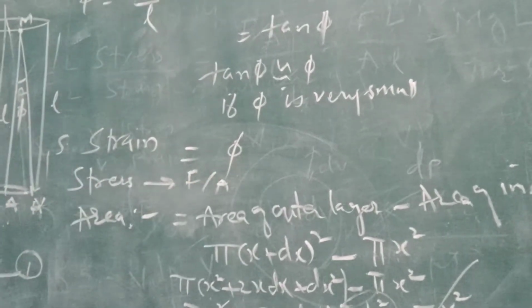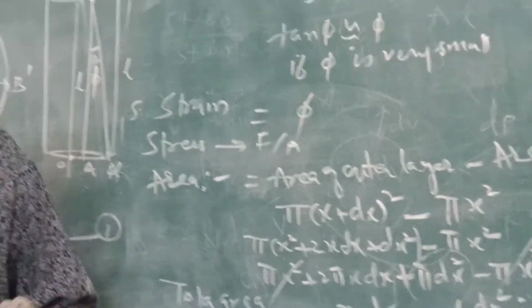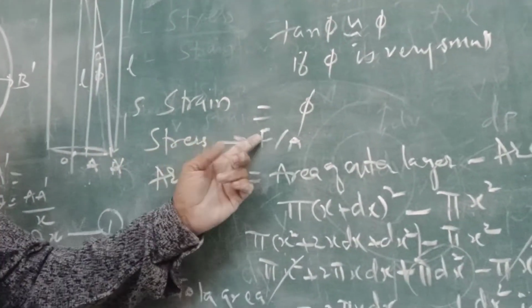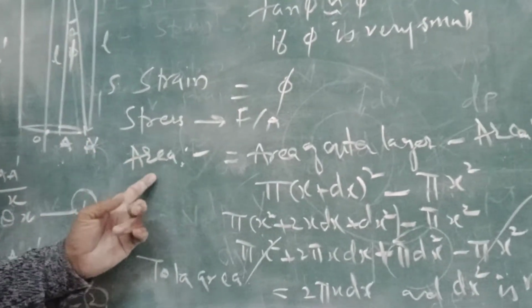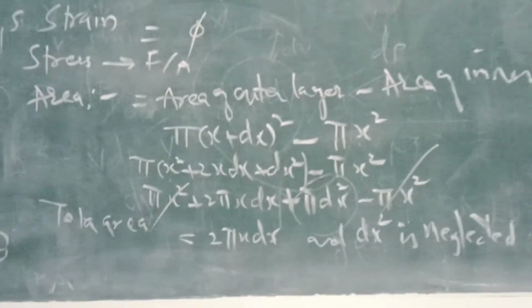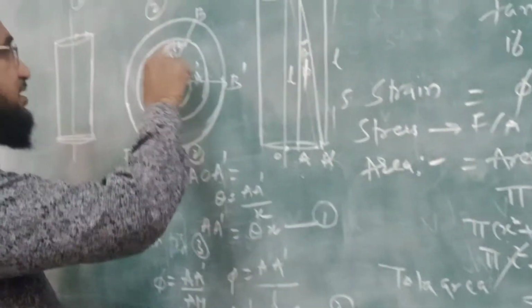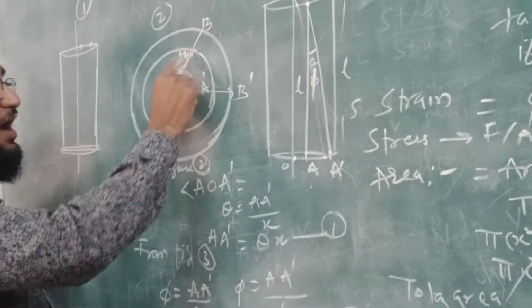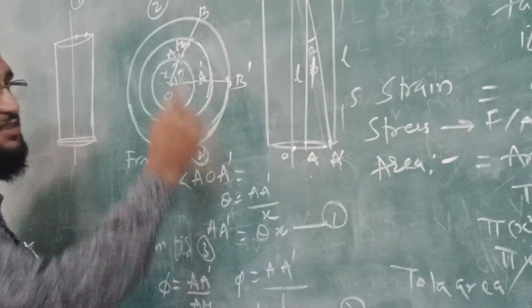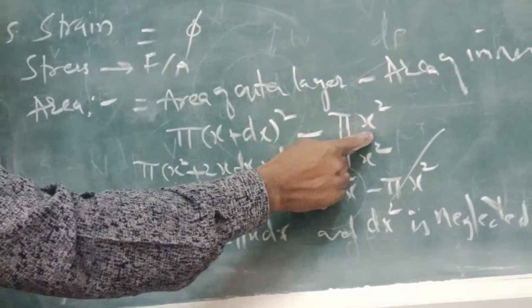Okay. Now I want to calculate the shearing stress. Shearing stress means force per unit area. And the area can be calculated as the area of the outer layer minus the area of the inner layer, meaning the area of the outer layer of radius x plus dx and the area of the inner layer of radius x. So I will write here pi (x plus dx) square minus pi x square.